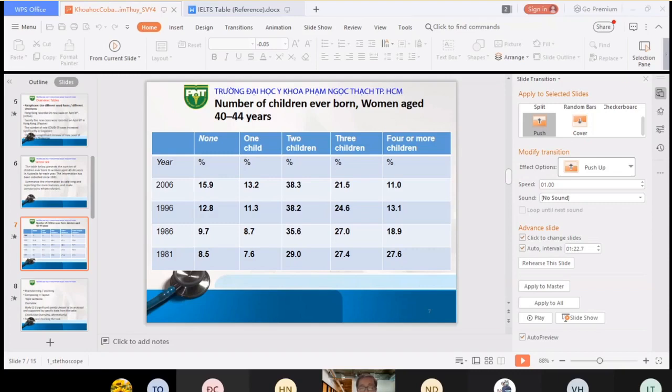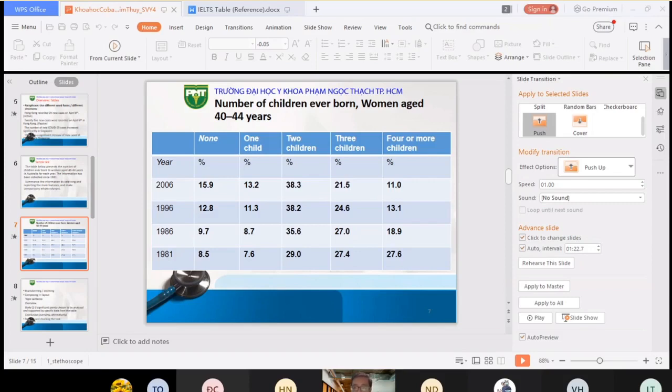The figure slightly decreases, or you can say the figure remains nearly the same, right? So that's the notice, the outstanding feature that you have to focus on.